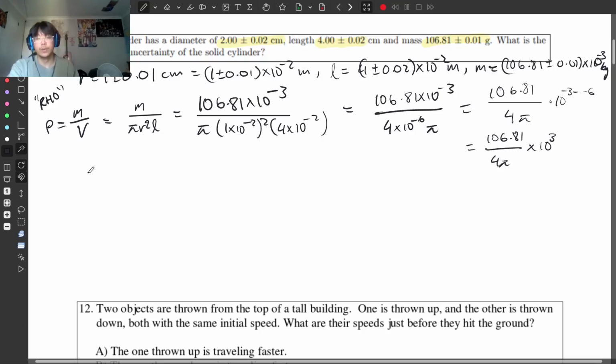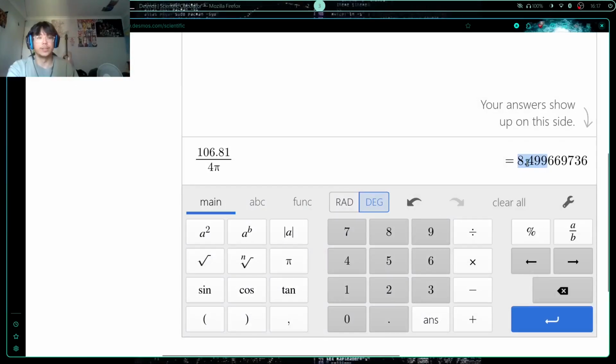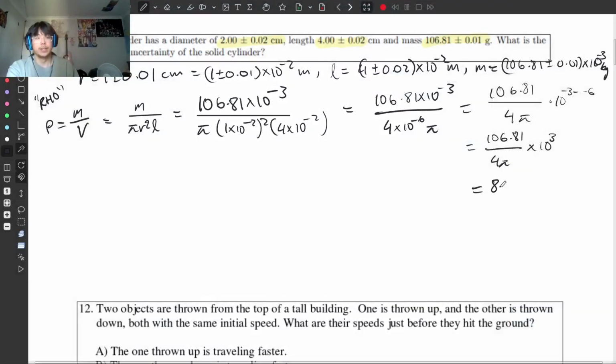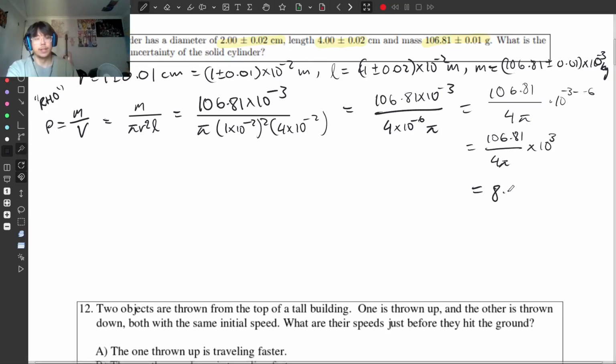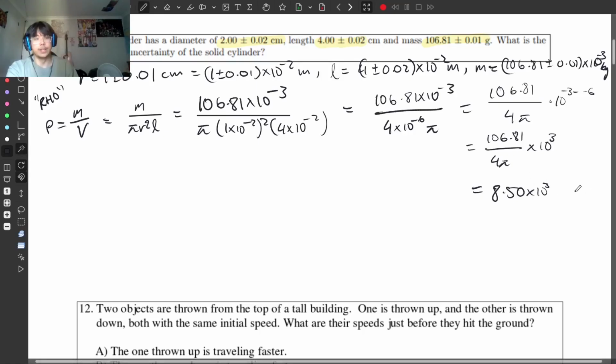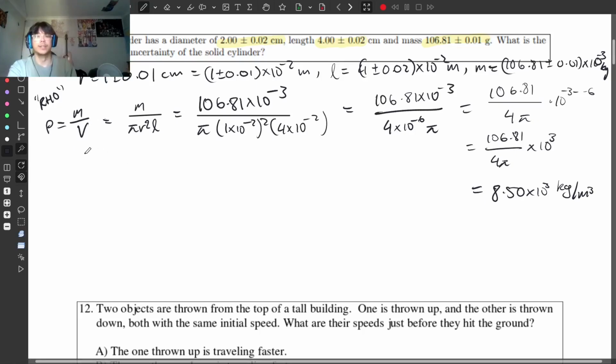Then we put this in a calculator, 106.81 over 4 pi, and we get 8.499, so 8.5. But because we have 10 to the 3, this is just 8,500, but this is in 4 significant figures, so maybe it is more appropriate to write 8.50 times 10 to the 3 kilograms per meter cubed.